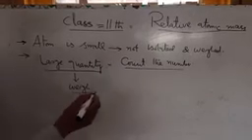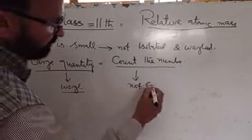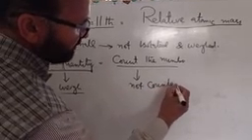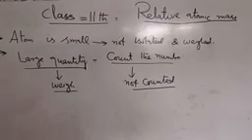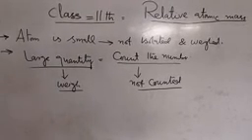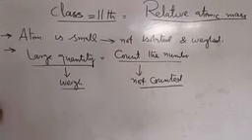But atoms cannot be counted, because atoms are small, they cannot be isolated and they cannot be counted. So the problem of determining the mass was solved by Avogadro.